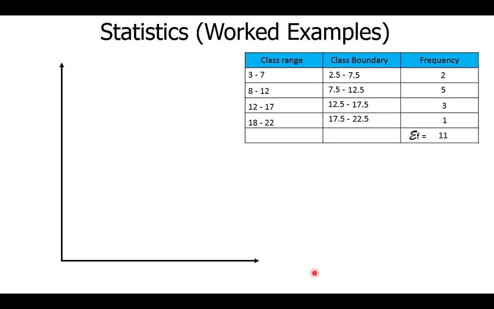Then next, we can start by grading our axis. We have the highest frequency to be 5 and the lowest frequency to be 1. So I think it is easy for us to label our vertical axis from 1 to 5.